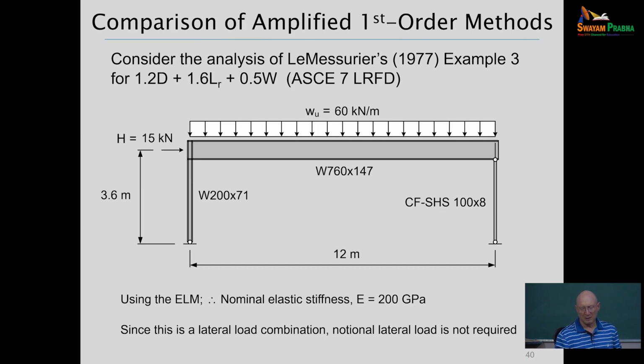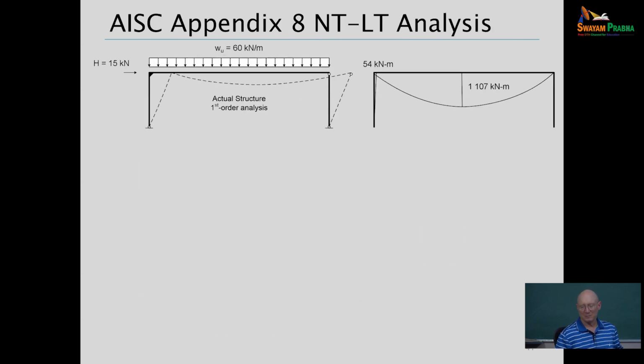So let's look at analyzing this load combination on LeMessurier's frame with different ways, where we do a first order analysis and then combine that with the amplification factors to get our total demands, our second order forces for design.